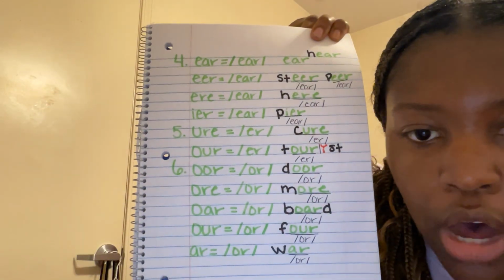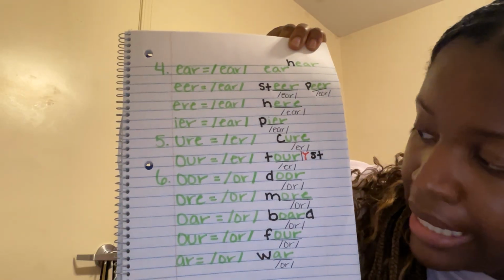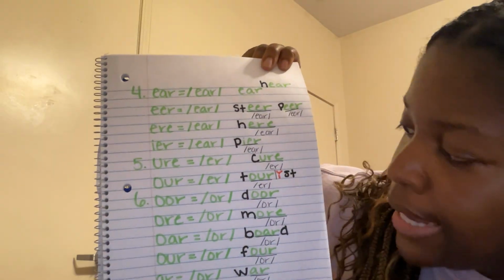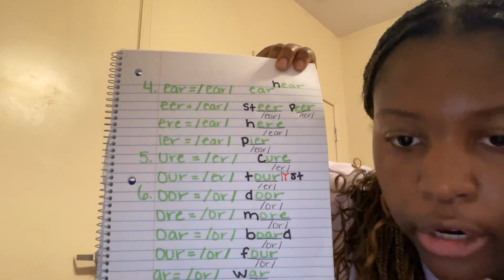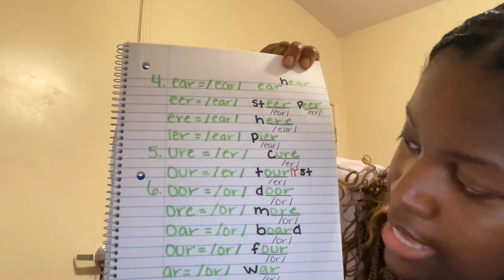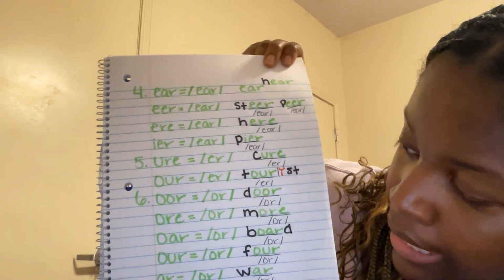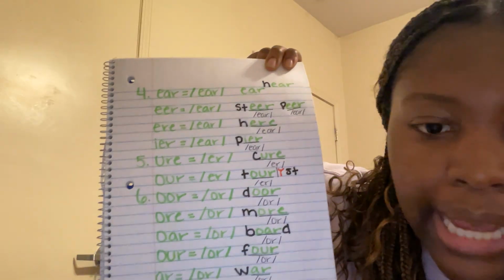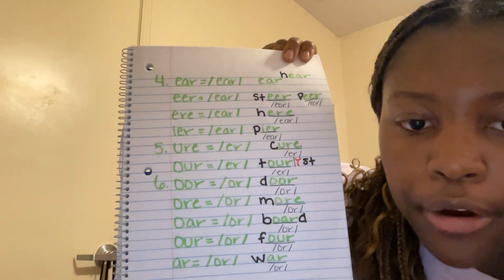Next, I have OOR that says or, like in door. Next, I have ORE that says or, like in or.